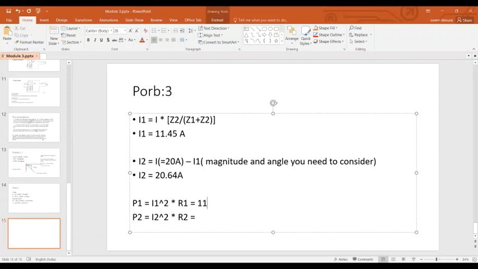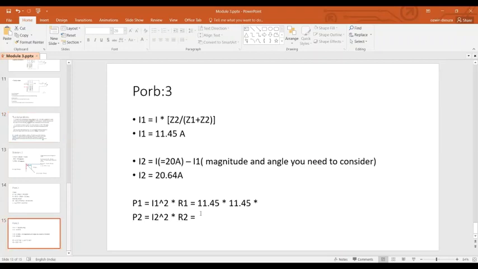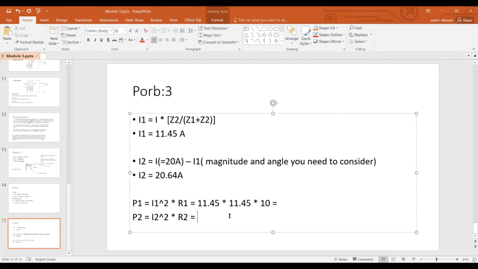So that's 11.45 into 11.45 into R1. R1 is 10 ohm and R2 is 6 ohm. And I2 is 20.64.